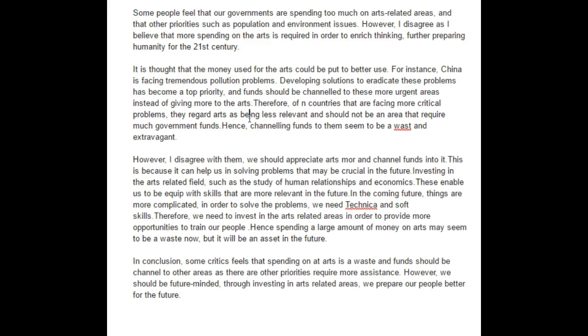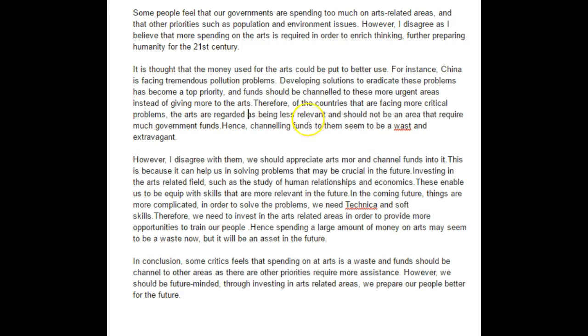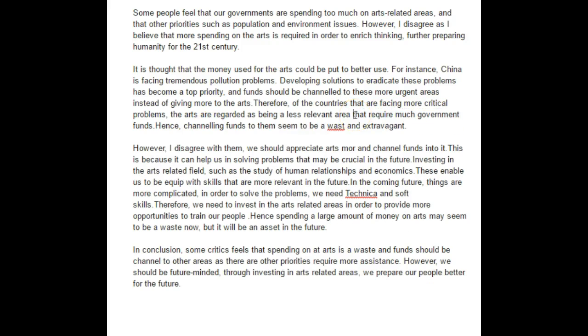I don't want to bring up the idea of wasting in a body paragraph because it's too strong an opinion. Although our opinion should be visible throughout, it should be gentle. We shouldn't go too hard with our opinion. Let's say of the countries that are facing more critical problems, we can say the arts are regarded as being less relevant, actually let's say a less relevant area that requires little government attention.